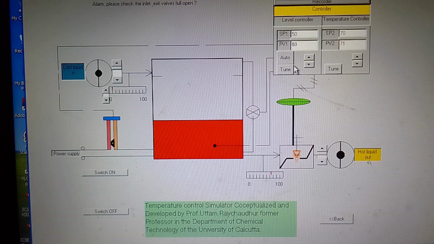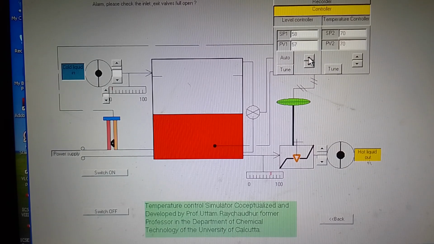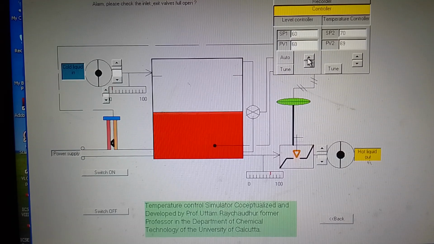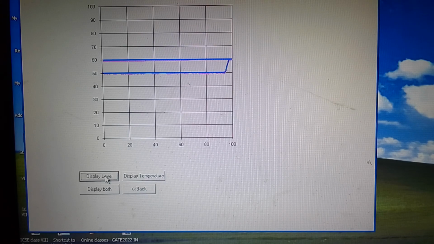You can see that it is 70 plus or minus 1, and you can also change the level, say to 60%. It has already reached 60%, and if you want to see the recorder again, you can display the level. The level is 60%.